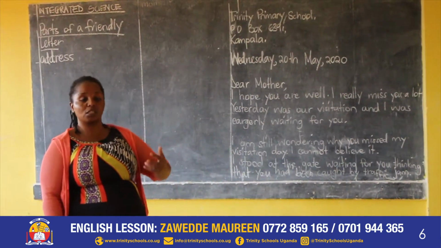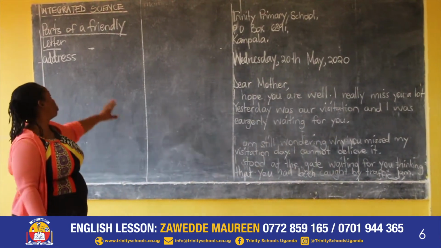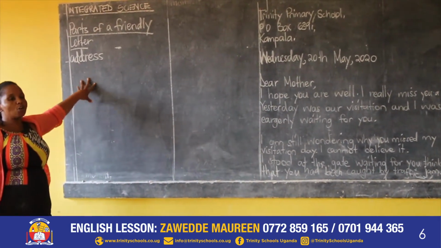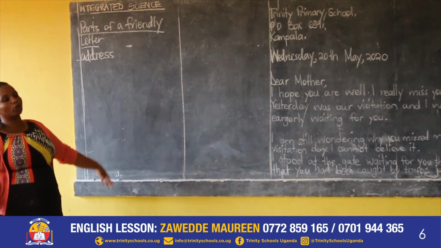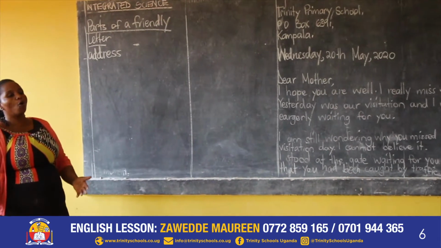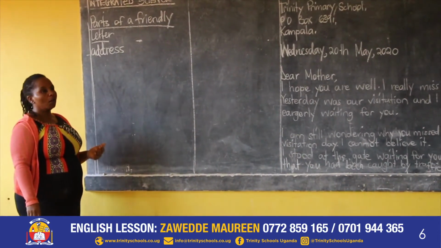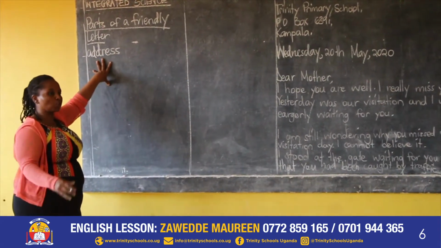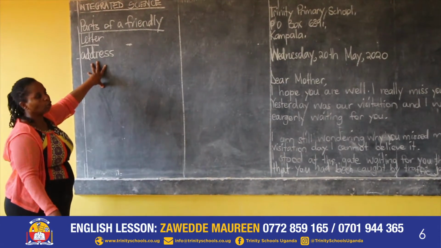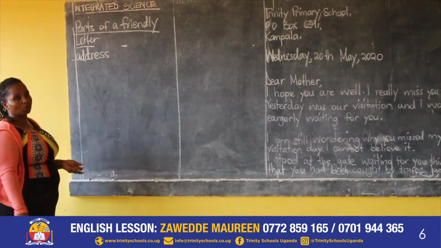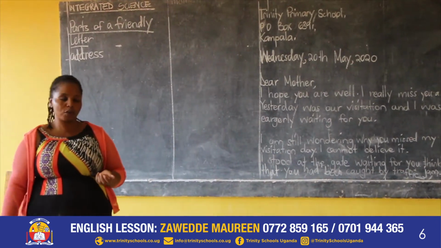So when I'm writing a letter, the writer should give his address, and on the envelope where I've inserted my letter, I should also put the address of the person I'm writing to. So we have two addresses, one inside the letter, one on the envelope, showing where the letters are going to be delivered.